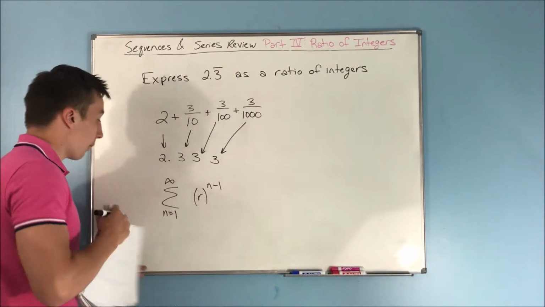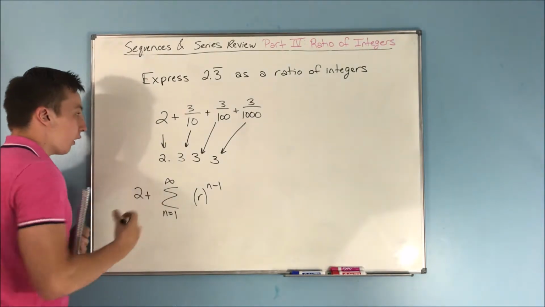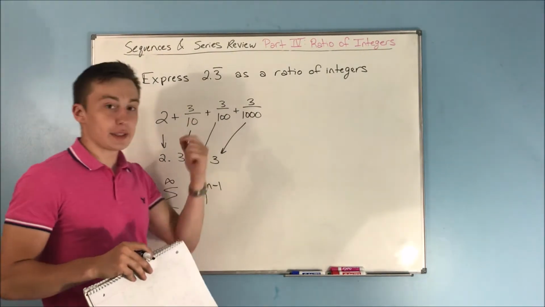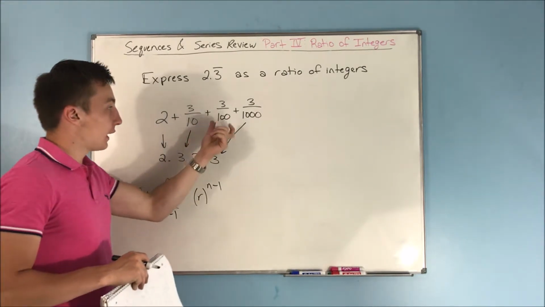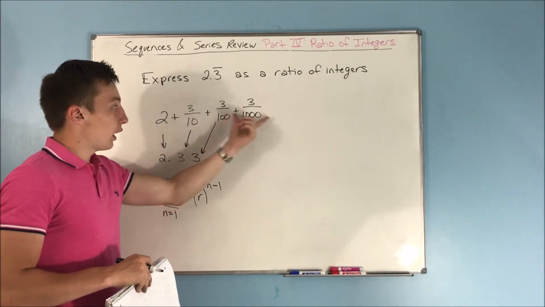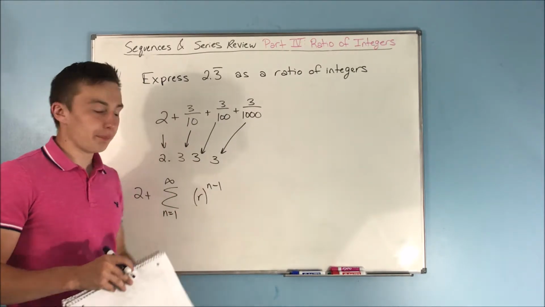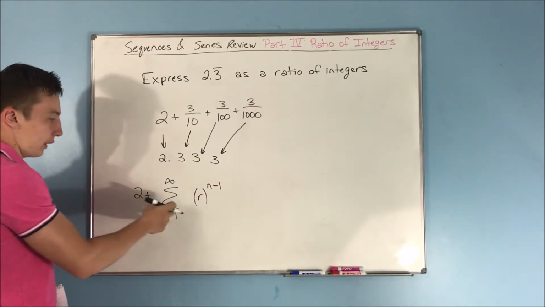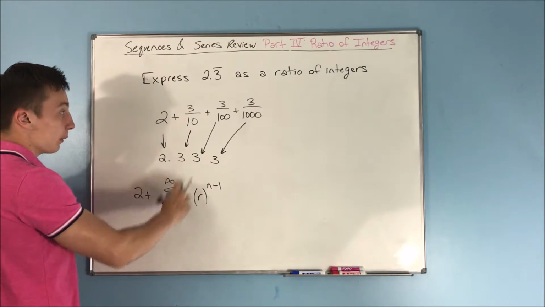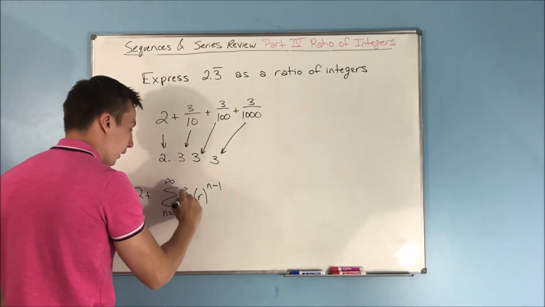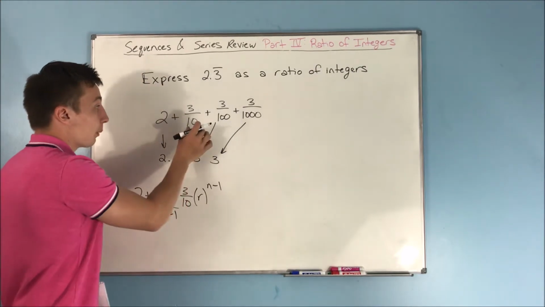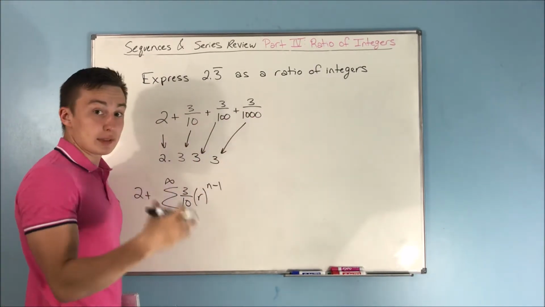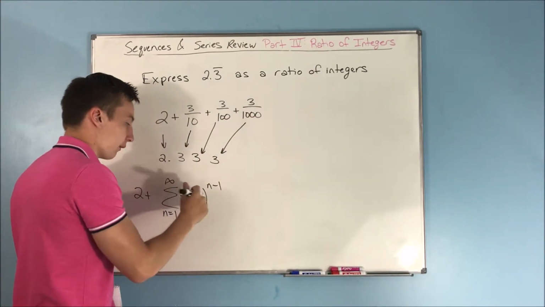Our 2 is going to come out front here because it's not part of this geometric series. You see that we have to multiply by 1/10 to get to the next term, but this 2 does not follow that. So we're going to have a 2 plus out here, and our first term is going to be 3/10. That'll be our a. Now what about our r? Like I said, we're multiplying by 1/10 to get from one term to the next. So that's going to be our r.